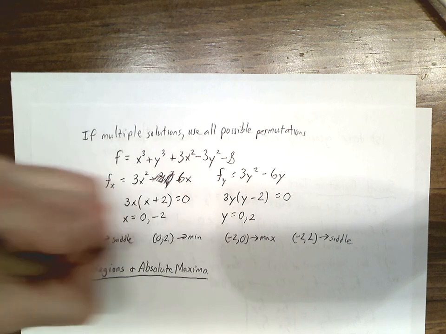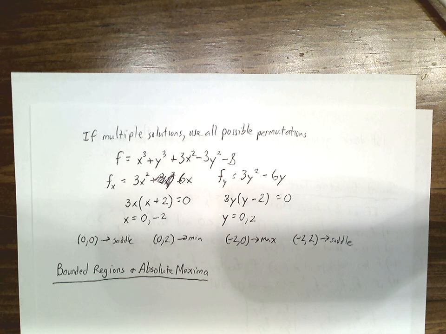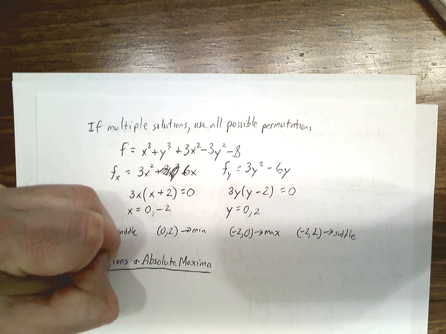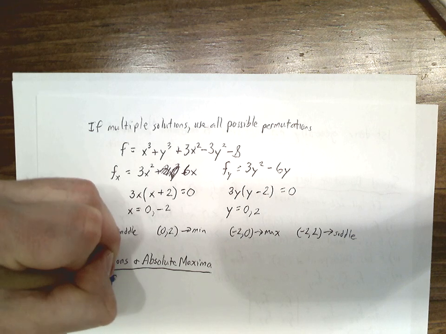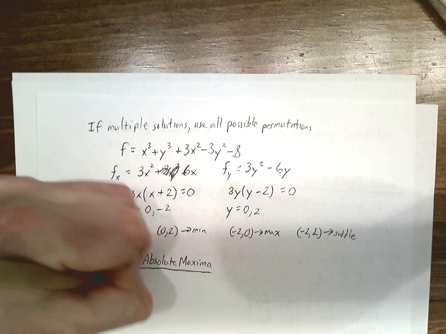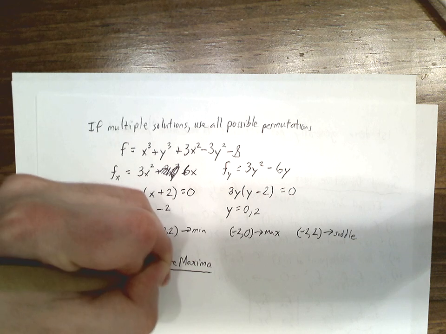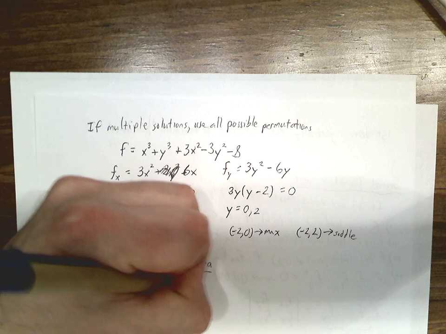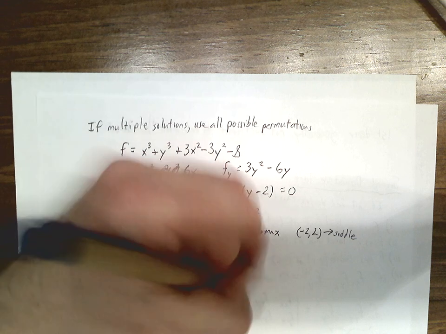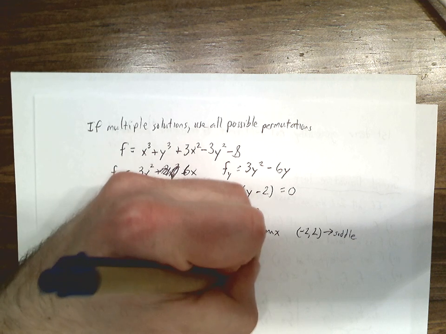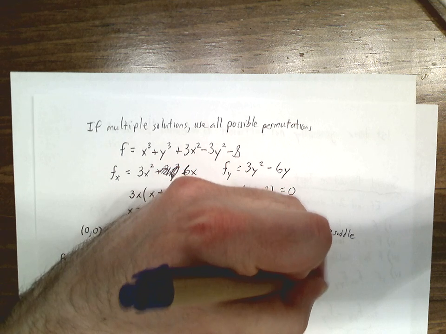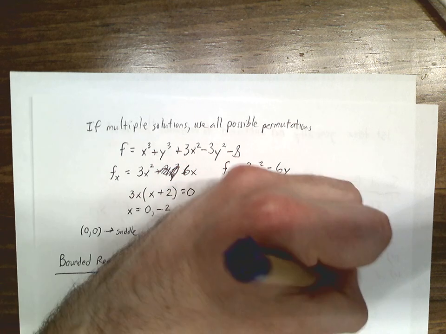So if you are given a region, you do want to use your first and second derivative test to find the interior critical points.